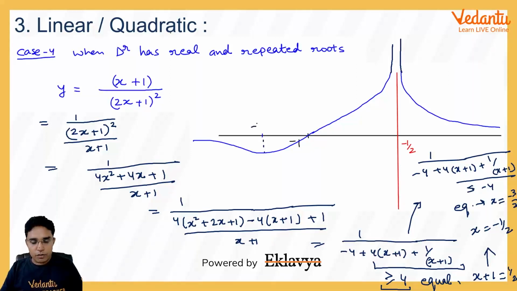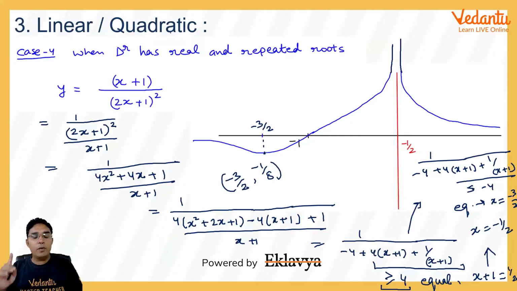So this point is when x is minus 3 by 2, and this is the point of minimum. And you can find the corresponding minimum value. Actually, it will be minus 1 by 8, when x is minus 3 by 2. Okay, so this is the reason why only one point of minima is occurring, not maxima.